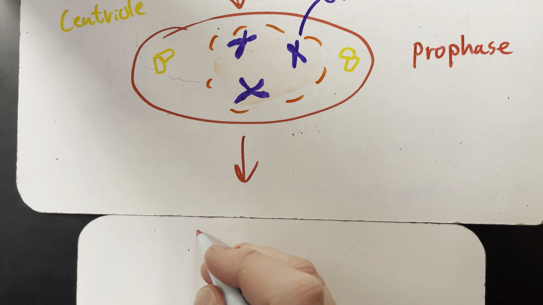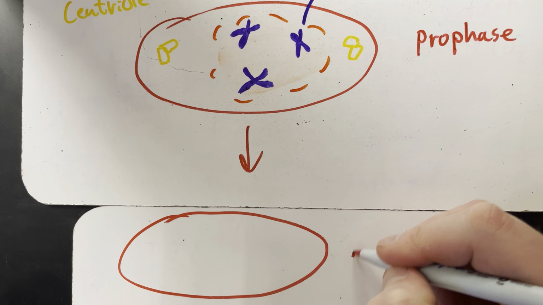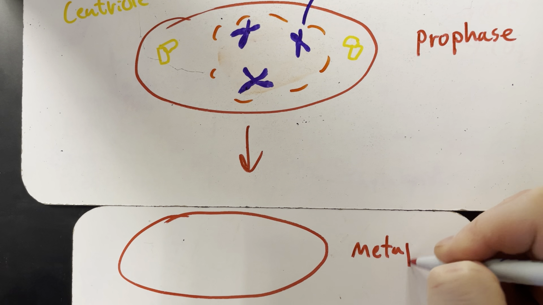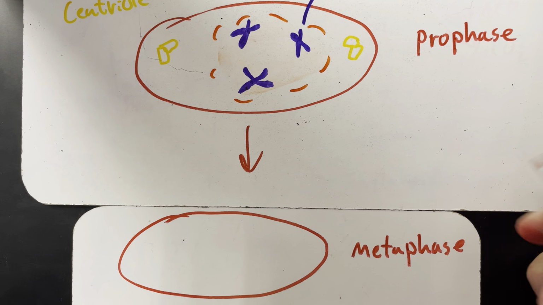Okay, after prophase is metaphase. And in metaphase, again, there's no nuclear envelope, but all of those chromatids, they line up down the middle.